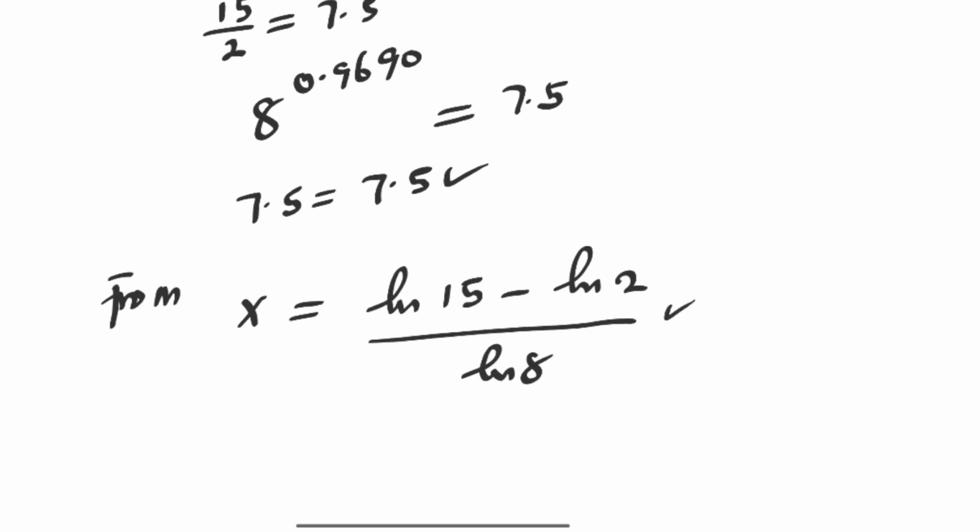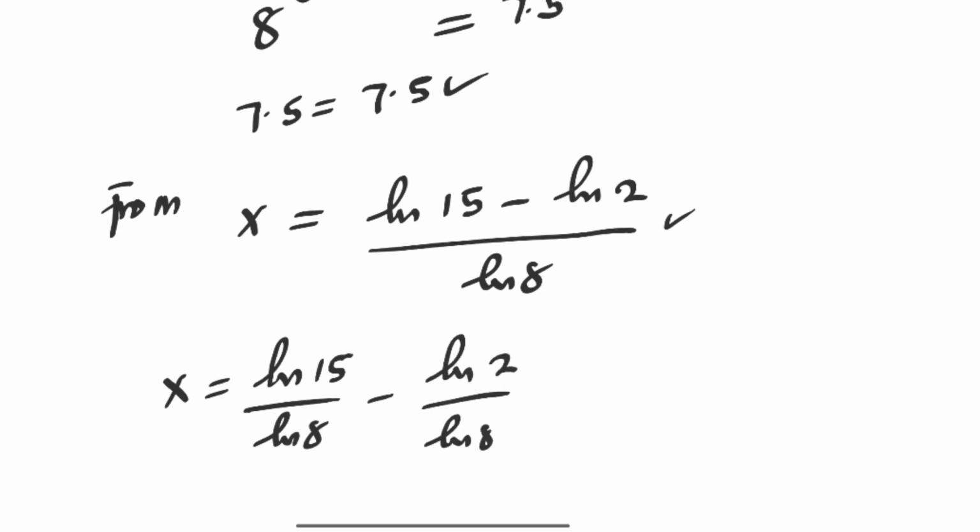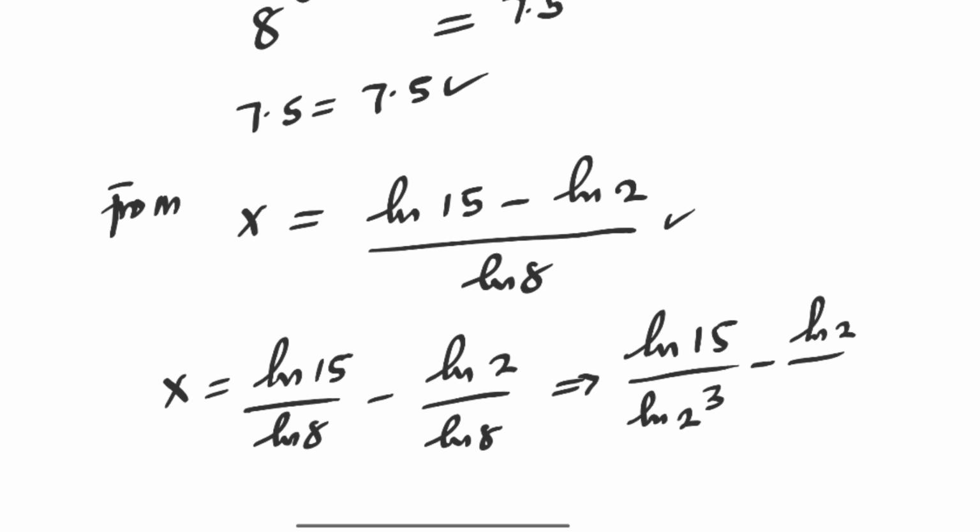If you split this, s is equal to ln of 15 over ln of 8 minus ln of 2 over ln of 8. This is the same thing as ln of 15 over ln of 2 raised to power 3 minus ln of 2 over ln of 2 raised to power 3.